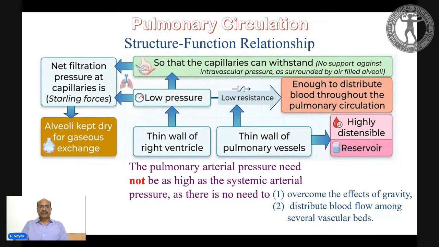This is a flow diagram where you can see we start with the thin wall of the right ventricle, as well as the property of its ventricular contraction. If you remember, the left ventricle contracts like this, whereas the right ventricle is contracting like this below.